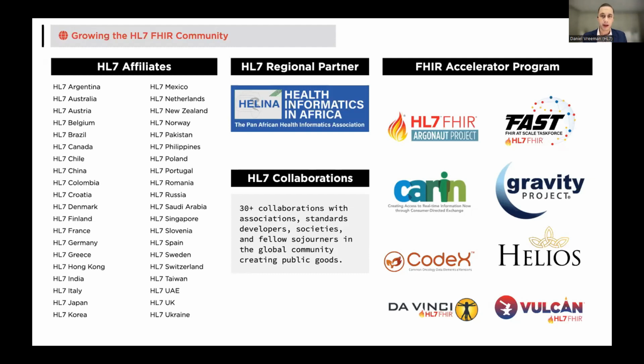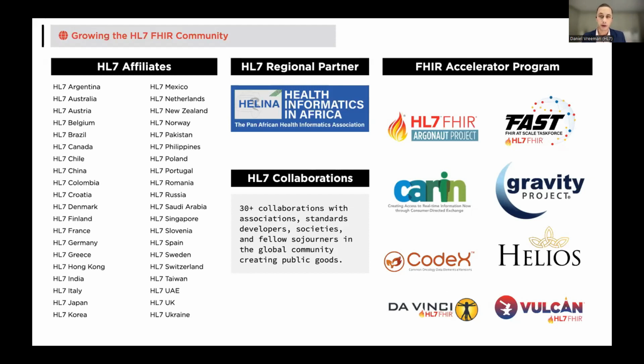These different accelerators have different focus areas. For example, the Argonaut project has focused on some core FHIR-related technologies such as bulk FHIR and SMART on FHIR. The FAST FHIR accelerator is focused on issues that come with scaling FHIR across larger and larger networks, multiple networks, national infrastructures, and so forth.